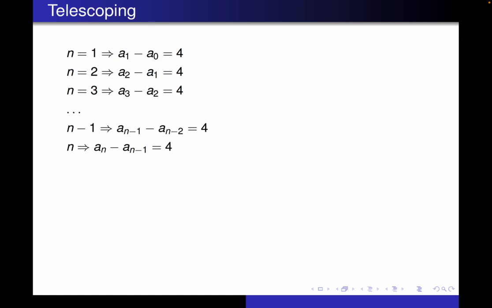One of the things you may notice is that when we add up the quantities on the left, there's going to be a lot of cancellation happening. For instance, if you look at that first equation on top, you have a plus a1, but in the second equation, you have a minus a1. So when you add those two, the a1s are going to cancel. Similarly, in the second row, you have a plus a2, and in the third row, you have a minus a2.